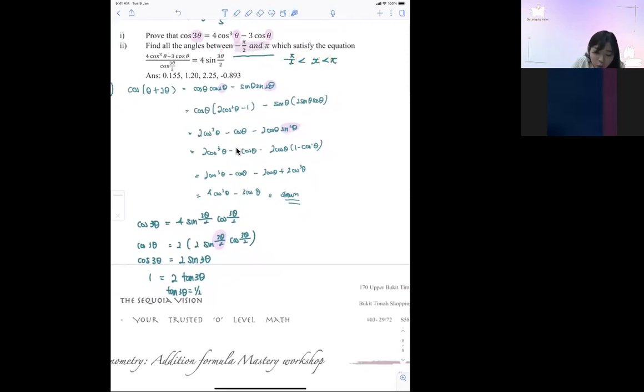If they use the word between and inclusive, then there's equal sign. Sorry, this one is not x, this is theta. But I don't want theta, I want 3 theta. So everything times 3, yes, very good. 3 theta, 3 pi.